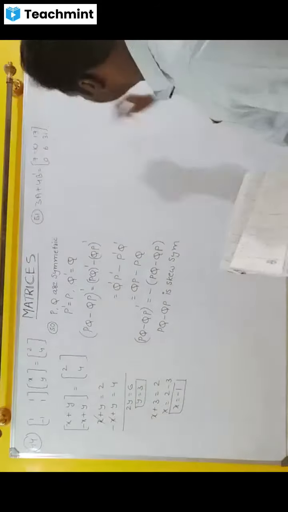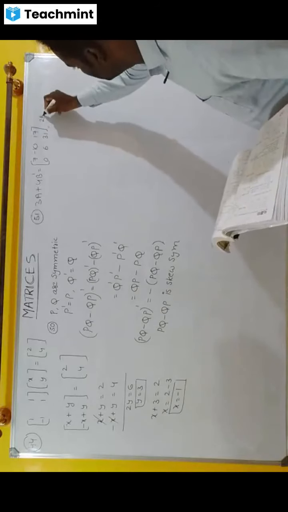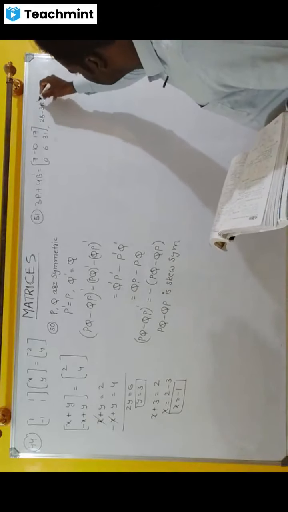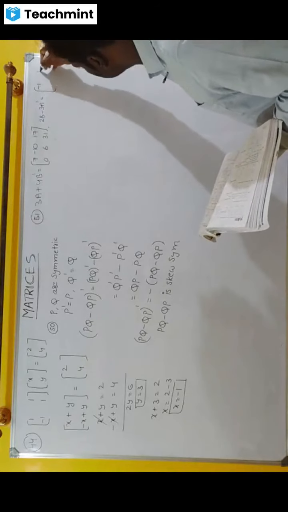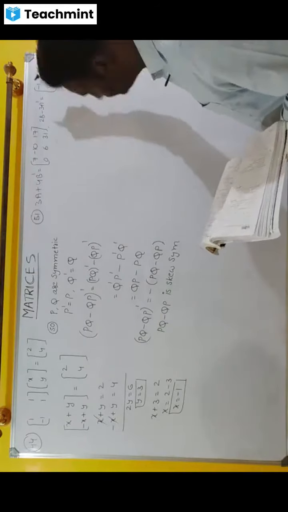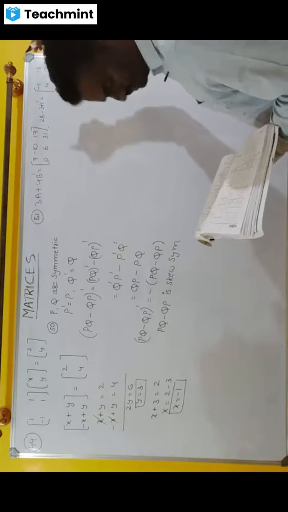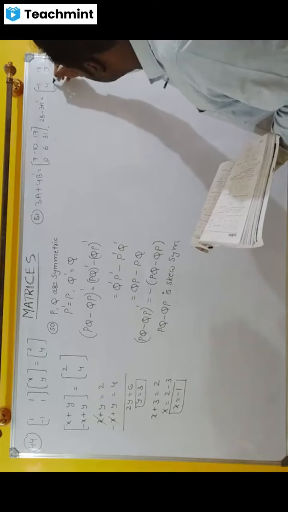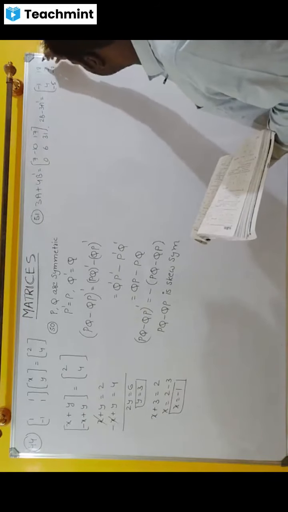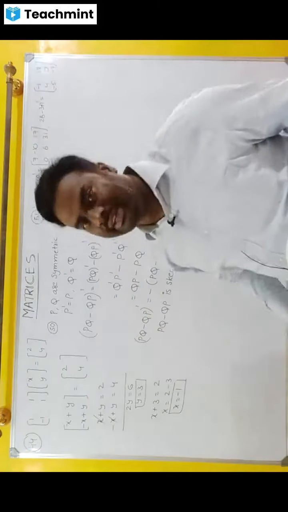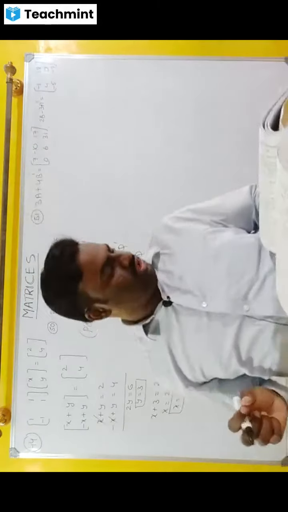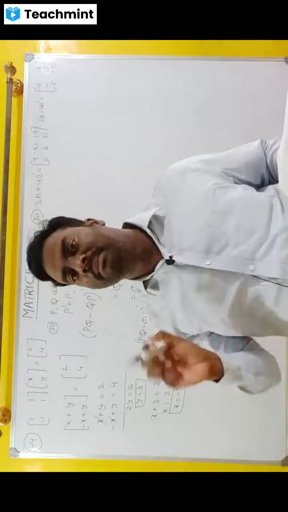And the second condition, 2B minus 3A dash is equal to [-1, 18, 4; 0, -5, -7]. These two conditions are given. We need to find the matrix B.